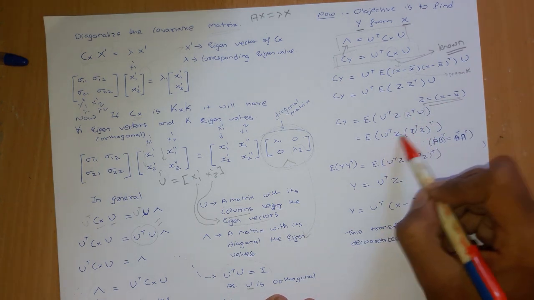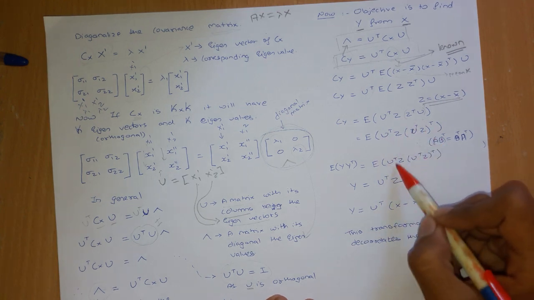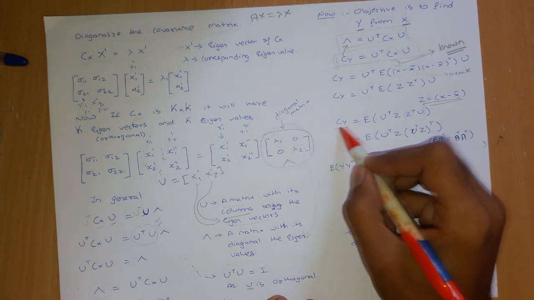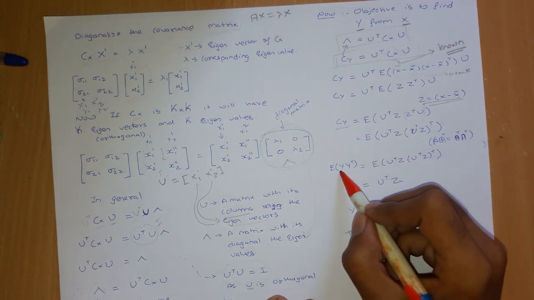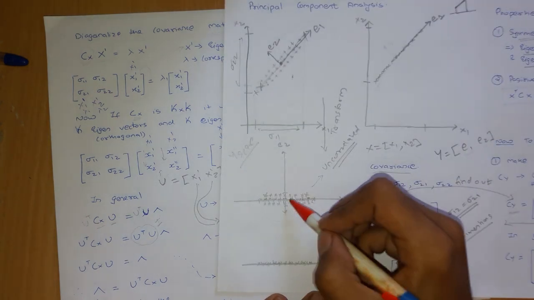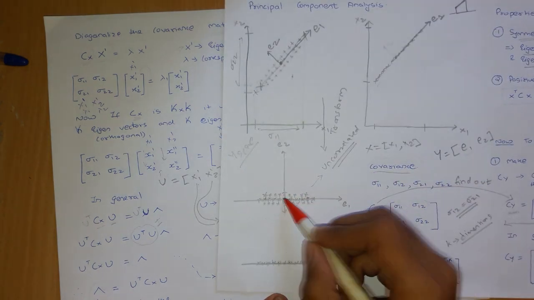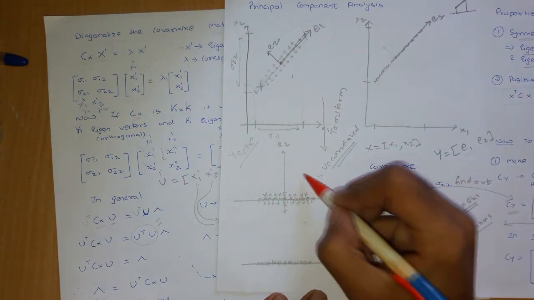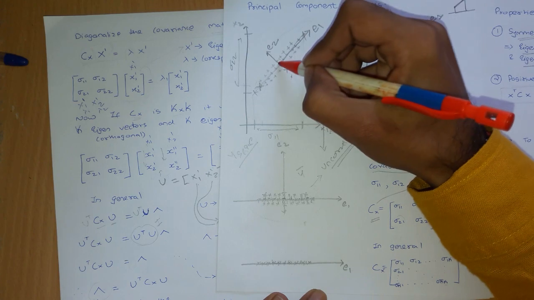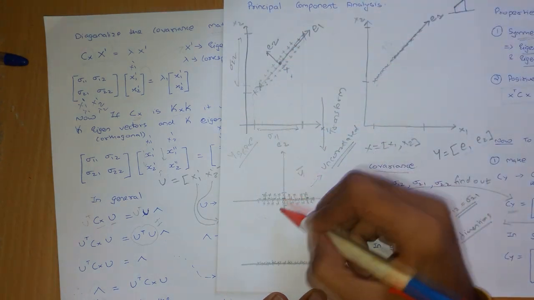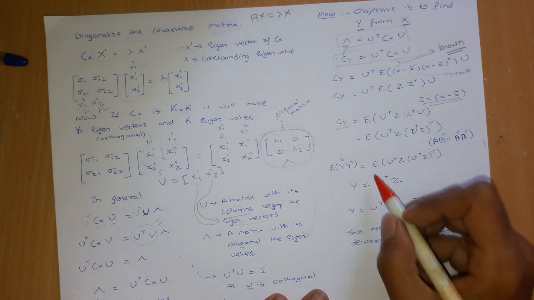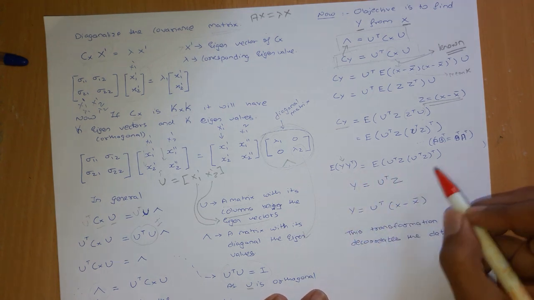So this thing I can write as some y. The covariance of y will be the expectation of y y transpose. This is because here the mean is 0. I am transforming into a space where y bar is nothing but a zero vector. Here I had some x bar, which was this mean, but here y bar is 0, so I can write it just as y y transpose.